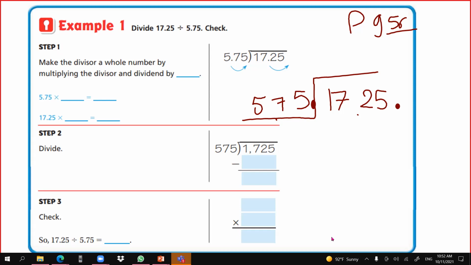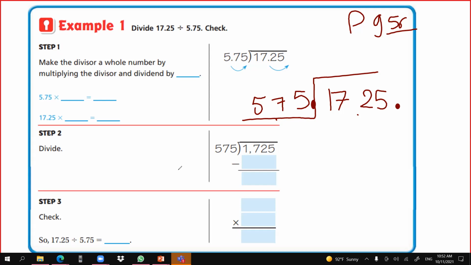We will divide. Teacher, I don't know how to divide by that. Try any number. I have to find it. Wait a second, let me think.